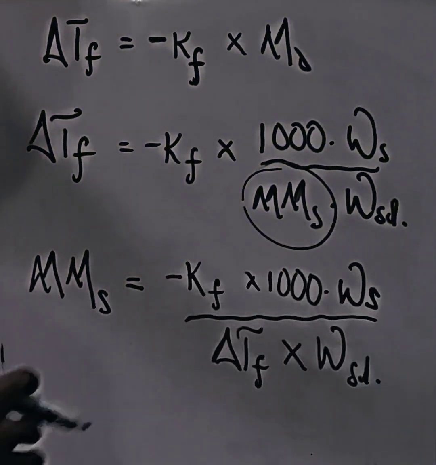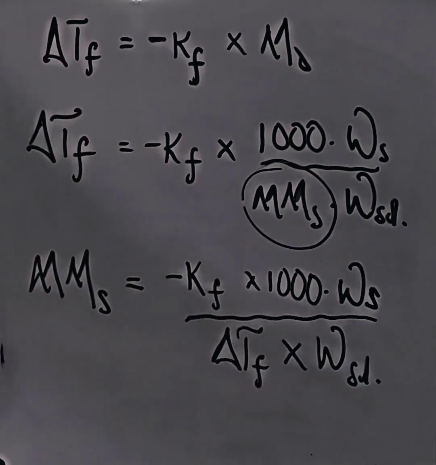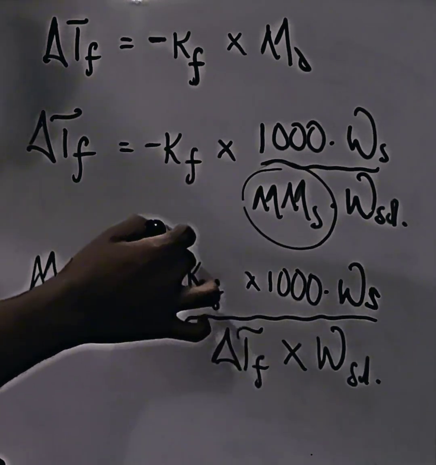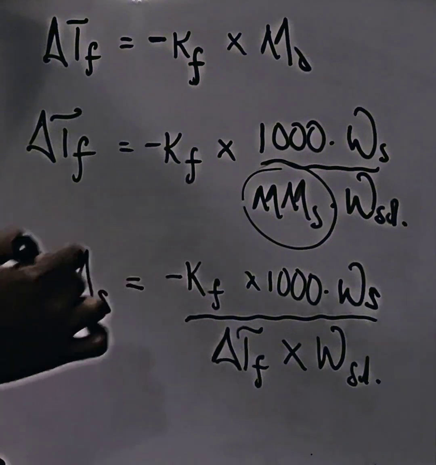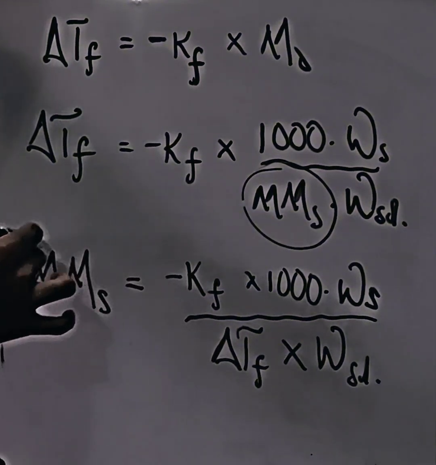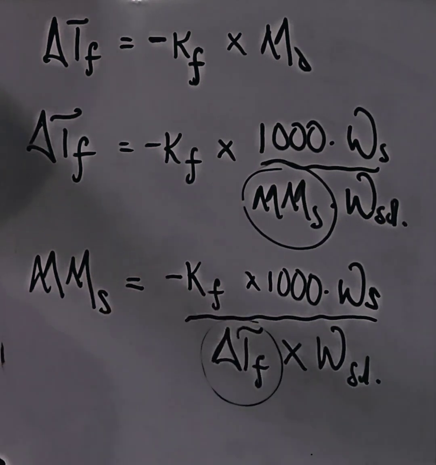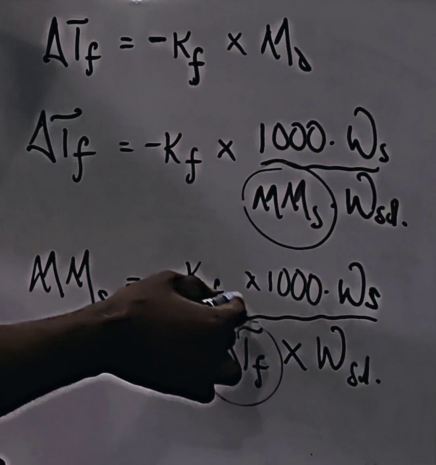All right, this is going to be the expression we're going to be using in this experiment, in the sense that the freezing point depression constant would be given. Then we are going to find this from the experiment. This is the freezing point depression. I'm going to tell you what it means.